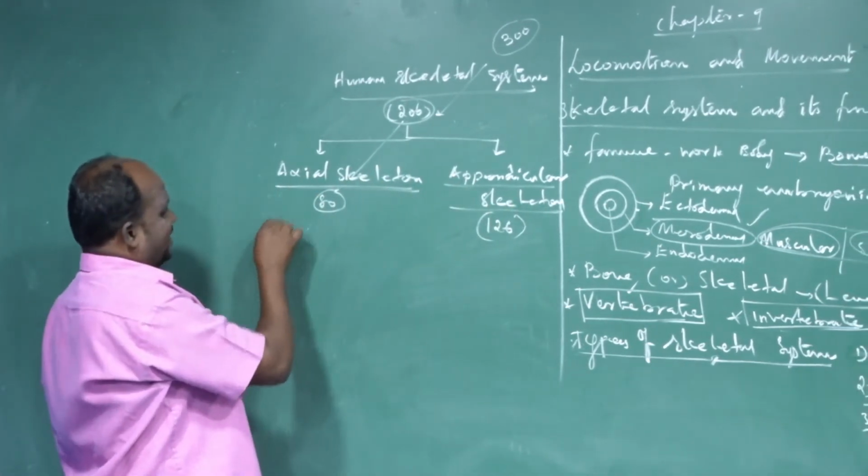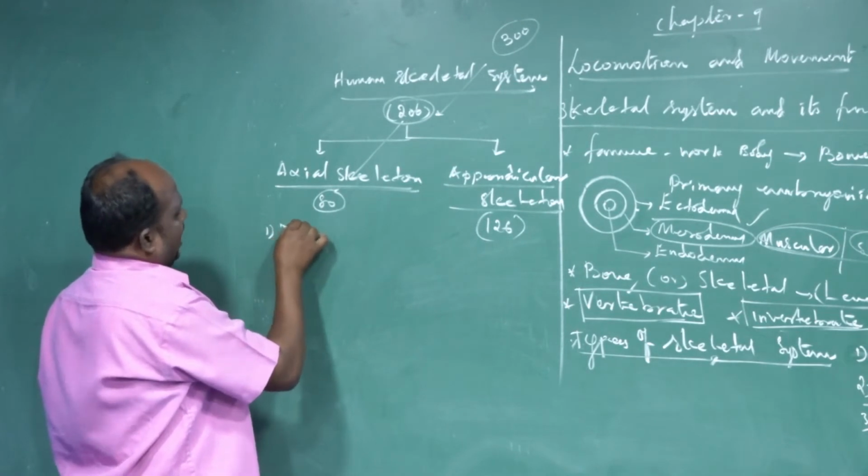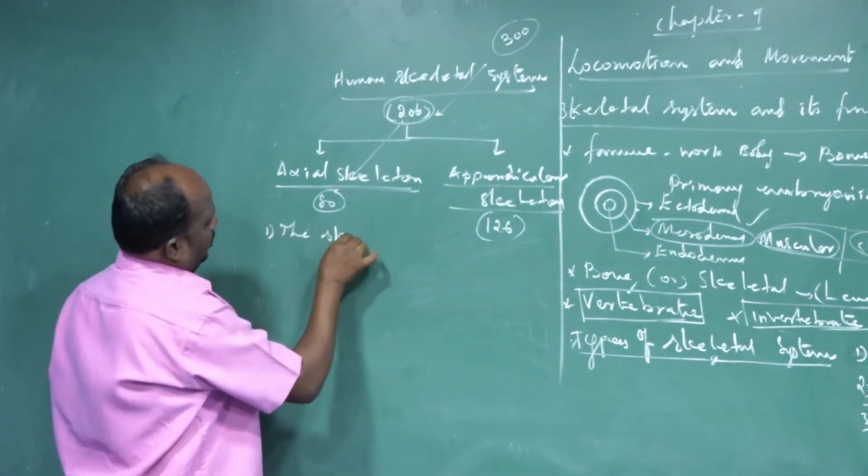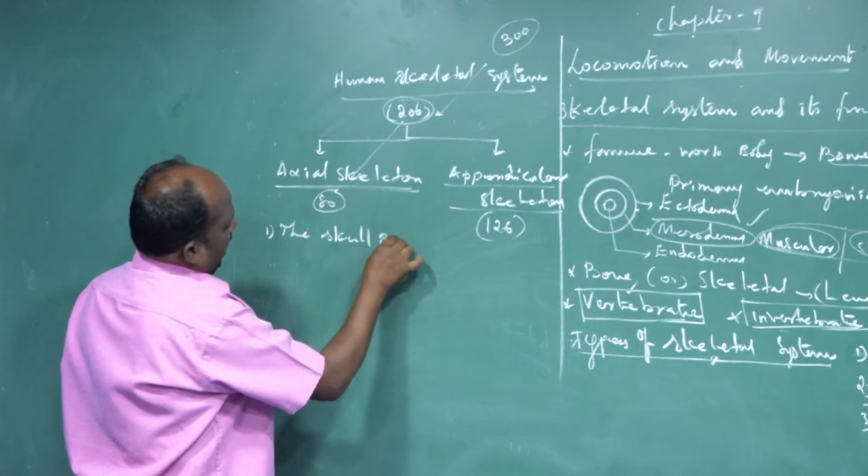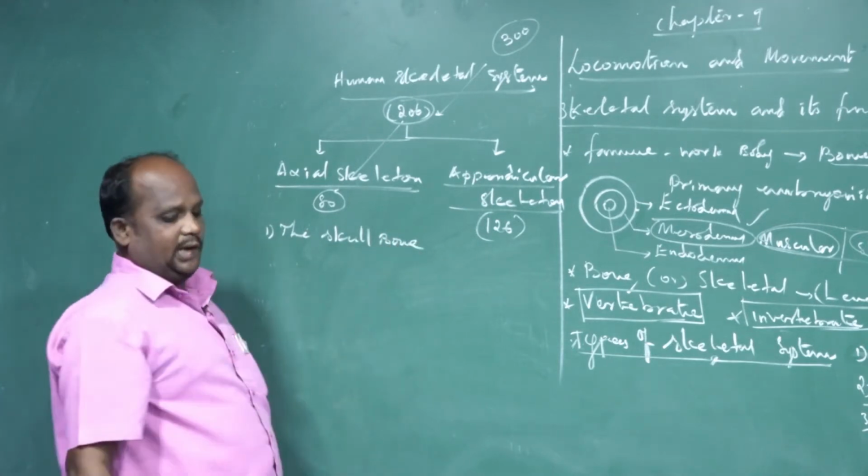First one, the axial skeleton. The first one is the skull bone.